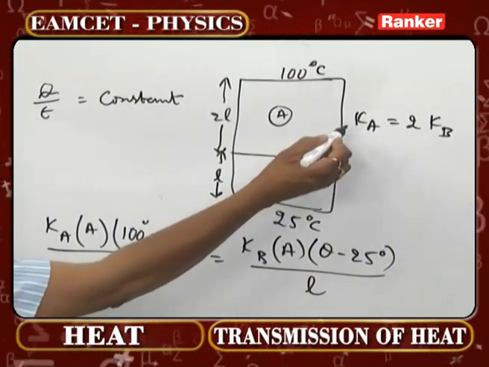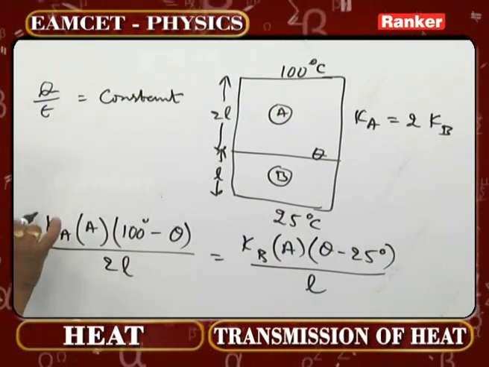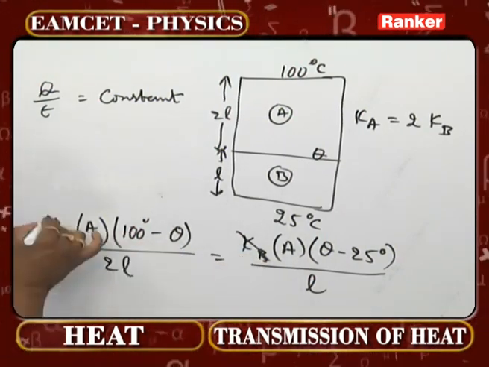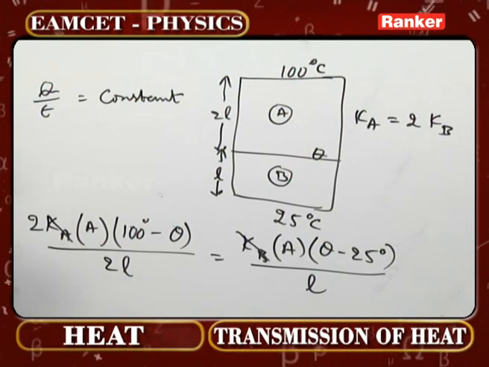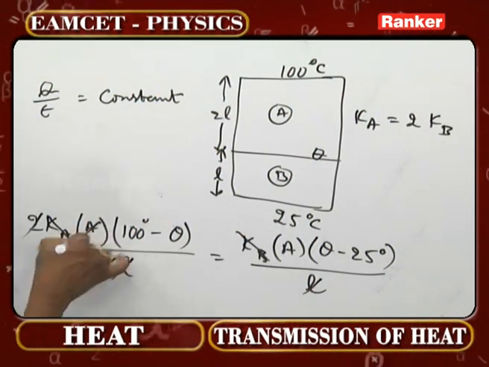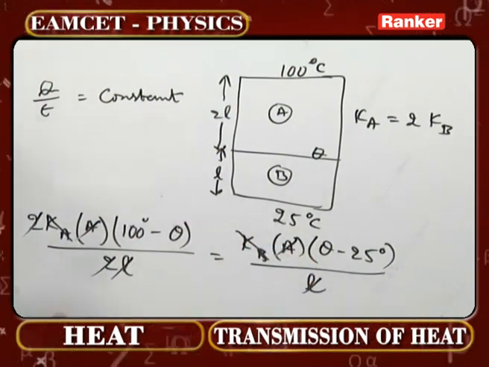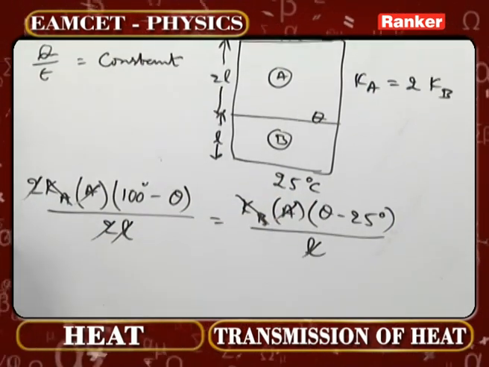But one thing you should understand, Ka is given twice Kb. That means if I write it twice 2 Kb here, Kb gets cancelled and you are left with 2 there. And L gets cancelled over here. This 2 gets cancelled, A gets cancelled. What is now left over? You check it. 100 minus theta is equal to theta minus 25.